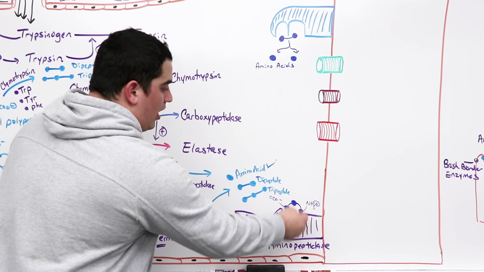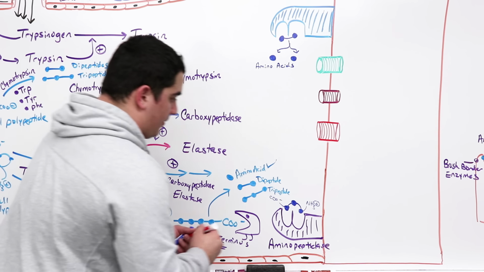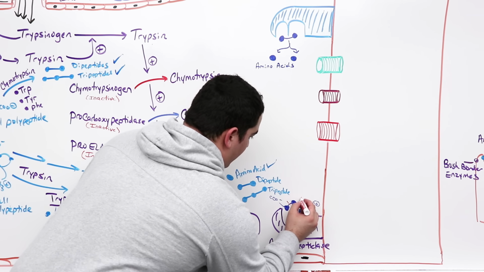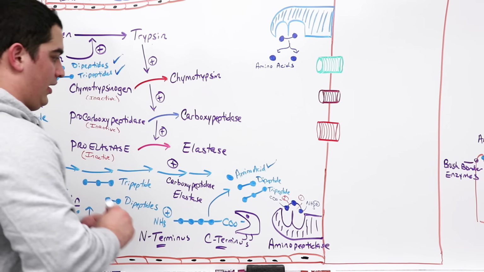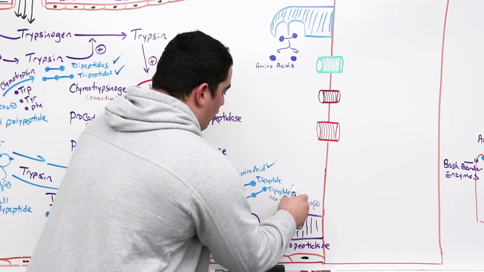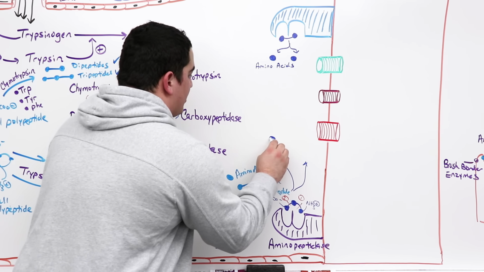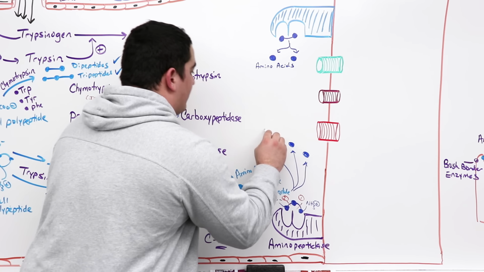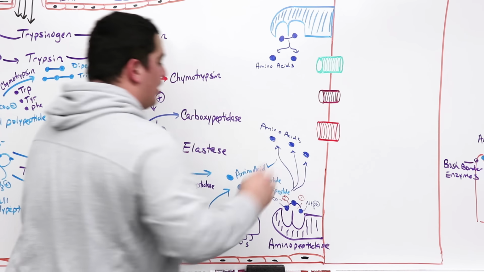It'll cleave the bonds starting here at the amino end. So it'll go in order. Watch this. It'll go 1 and 2. It'll cleave this bond first and then that bond second. And again, the bonds it's cleaving are the peptide bonds. As a result, what is it going to release? 3 amino acids. Oh my goodness, such a beautiful thing.